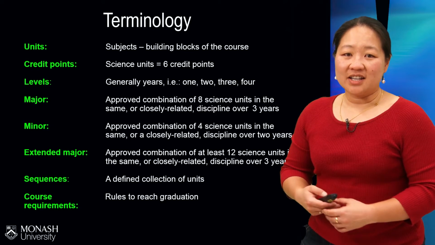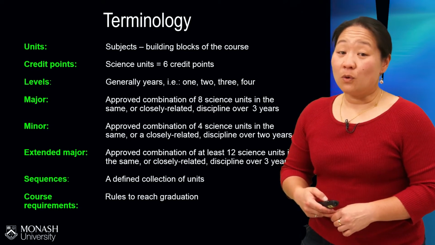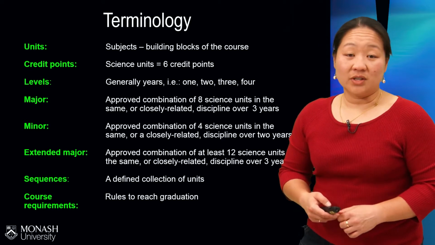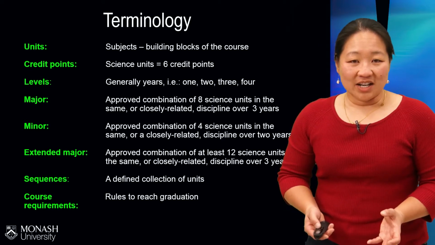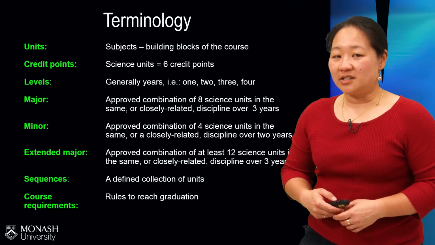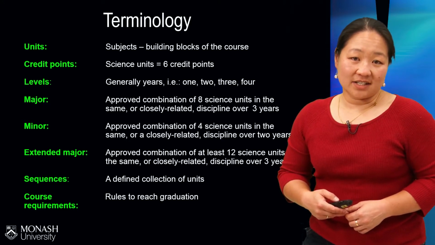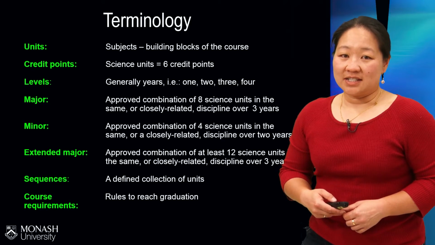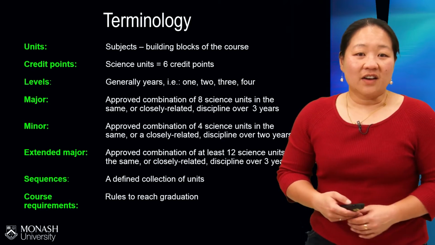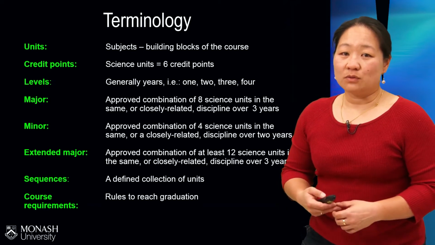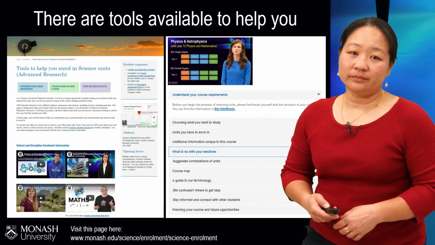A minor is an approved combination of 4 science units in the same or a closely related discipline over 2 years. An extended major is an approved combination of at least 12 science units in the same or closely related discipline over 3 years. Sequences are defined as a collection of units, and a course describes the rules to reach graduation.